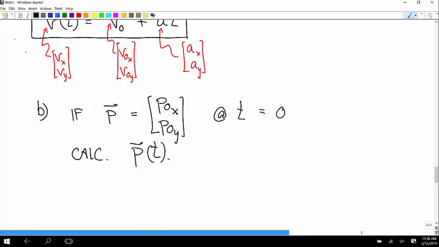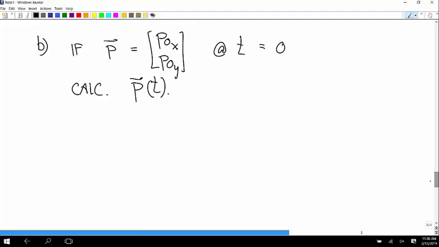So we're going to start with that velocity function, and we're going to integrate it. So the position as a function of time is equal to the integral of Vx dt and the integral of Vy dt.